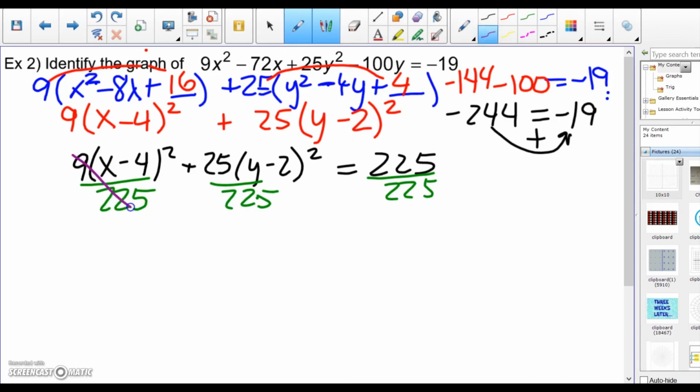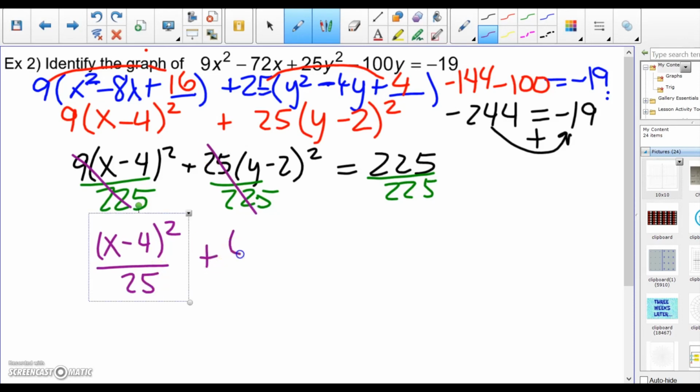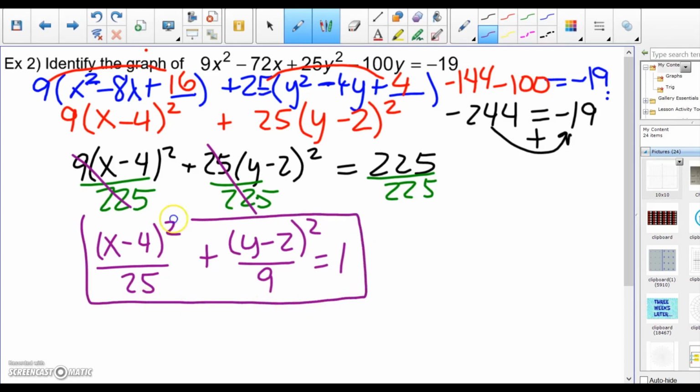And then when we simplify, 9 goes into 225 25 times. So we have x minus 4 squared over 25. And 25 goes into 225 9 times. So y minus 2 squared over 9 equals 1. There's our equation. But we can tell that's an ellipse.